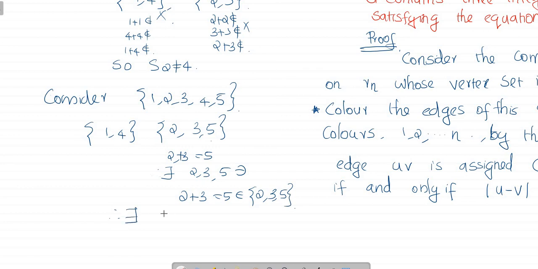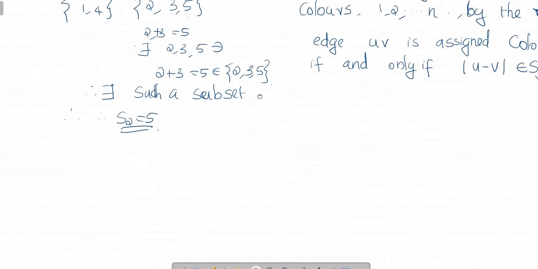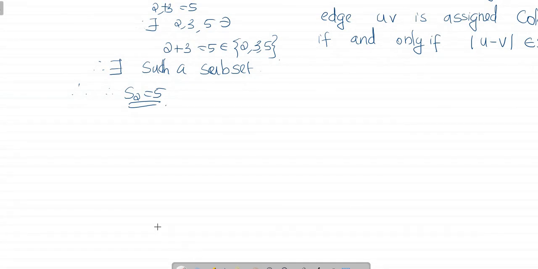Therefore, there exists such a subset. Therefore, S2 is equal to 5. And we also know that R2 is equal to R3, 3, and this is equal to 6.